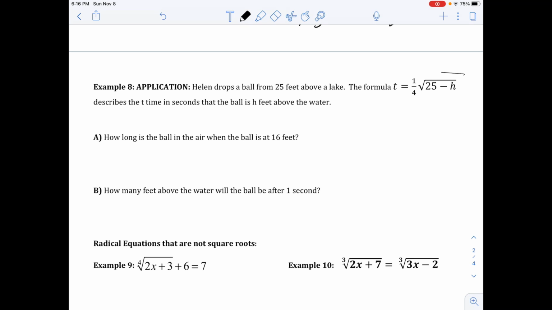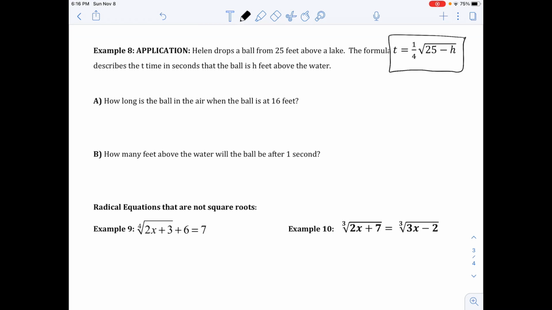So the formula is given to us, and we're going to use that formula to answer the questions. How long is the ball in the air, and when the ball is at 16 feet? So how long is a question of time.